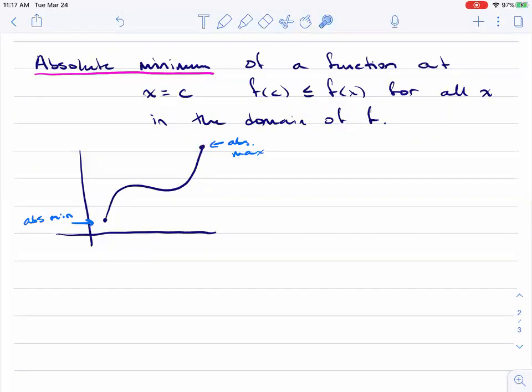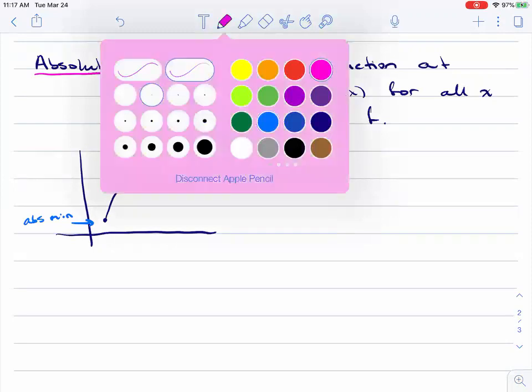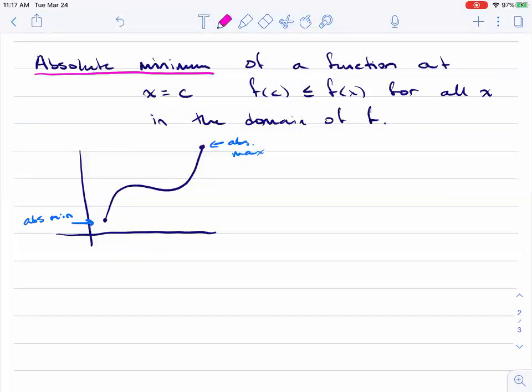So those are my absolute max and mins. However, there's also a type of maximum here, right? That's the highest point around that area. And then there's also a type of minimum here, right? And so what we call these are local maximums, and this is a local minimum.